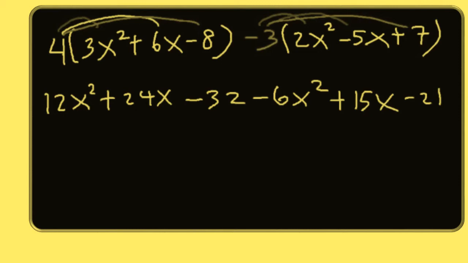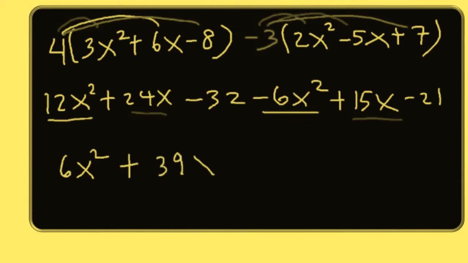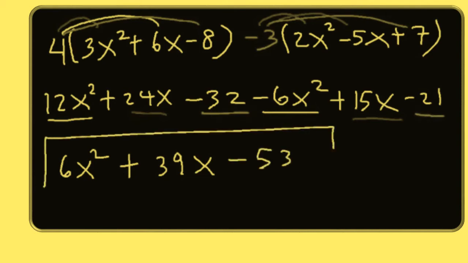So now let us combine like terms. 12 minus 6 is a positive 6. 24 plus 15 is 39. Negative 32 minus 21 is negative 53.